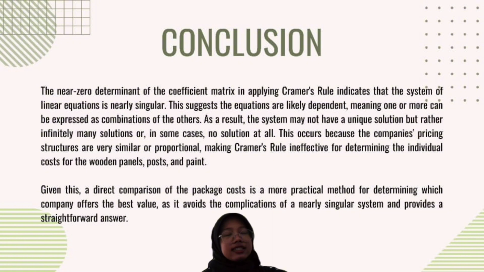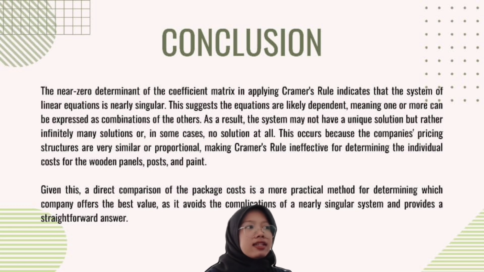So as a conclusion, when the determinant of the coefficient matrix in Cramer's rule is very close to 0, it indicates that the system of equations is nearly singular, meaning the equations may be dependent or nearly identical. This results in potential issues with finding a unique solution, as the system might have infinitely many solutions or none at all.